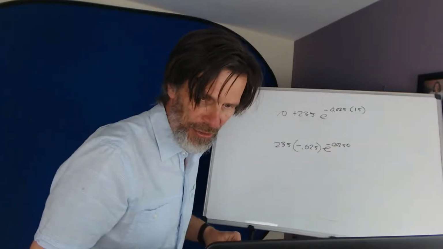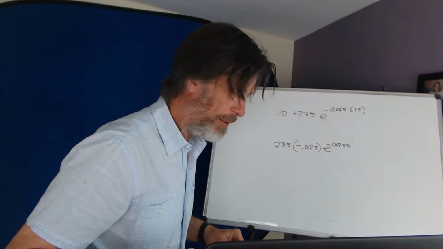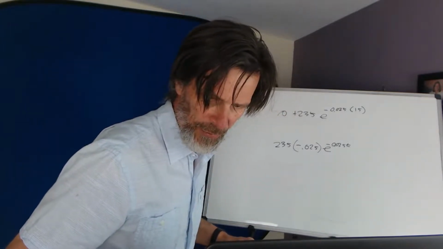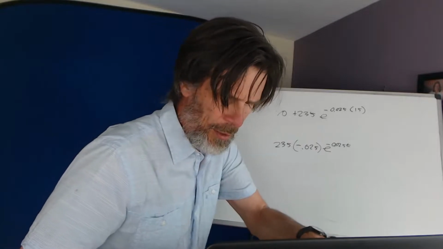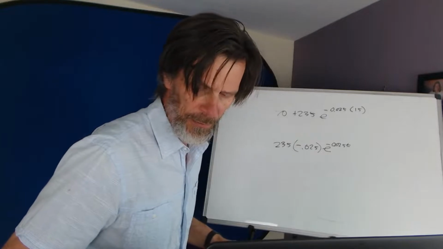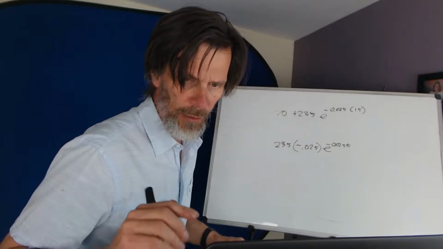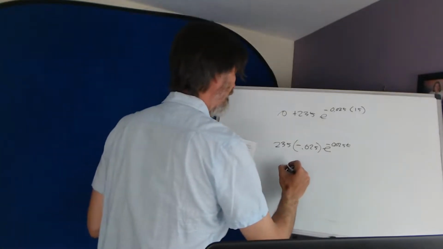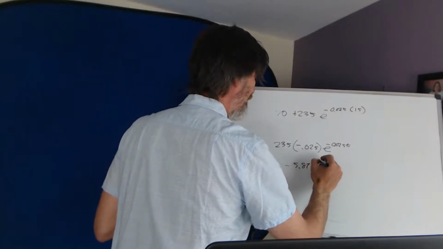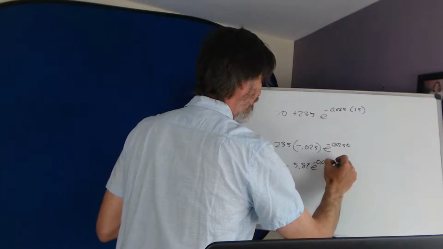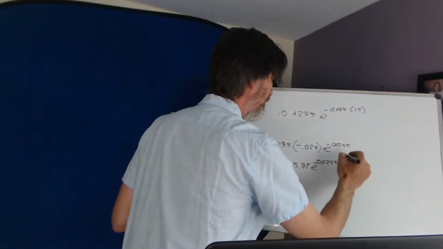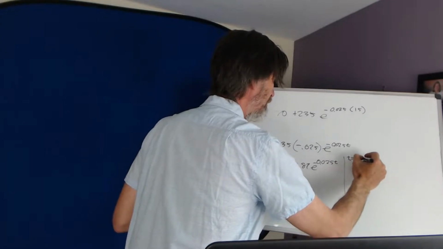Do that calculation real quick. 0.025 times 235, 5.875. So negative 5.875 e to the negative 0.025t, and we want to evaluate that at 15 minutes. Evaluated at t equal to 15.